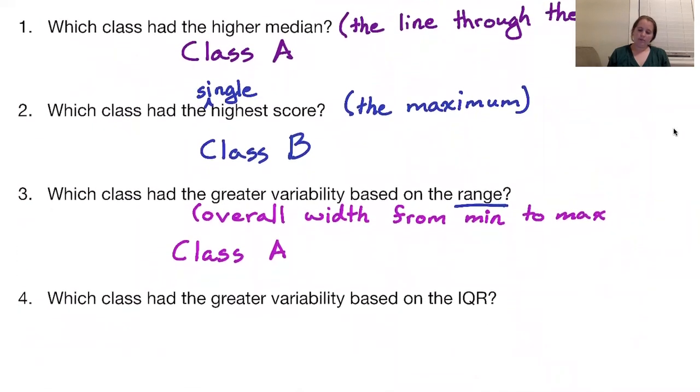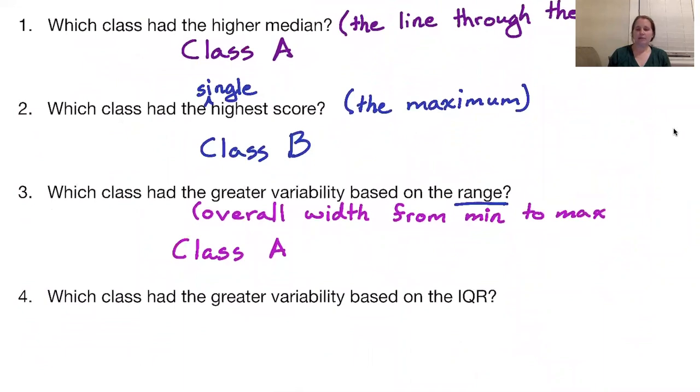Next up, which class has the greater variability based on the IQR? So our IQR, we are looking at the width of the box.